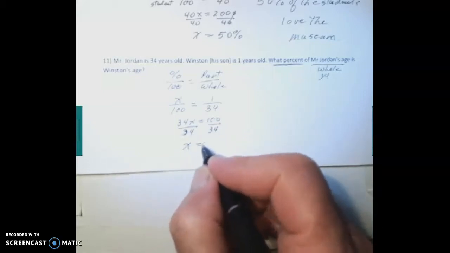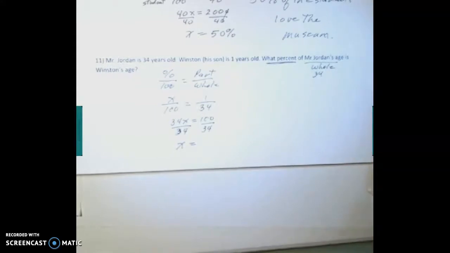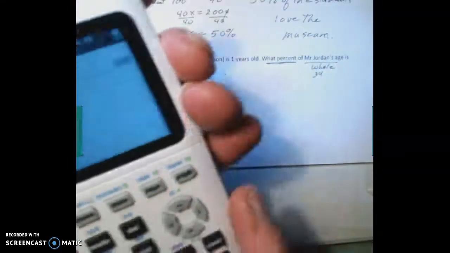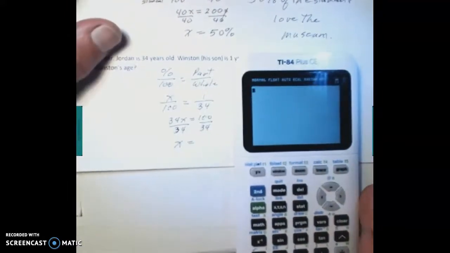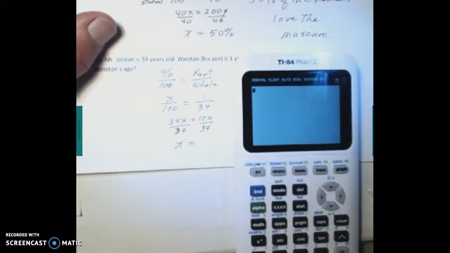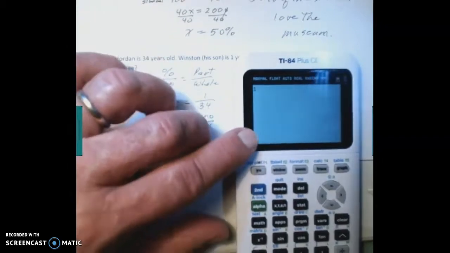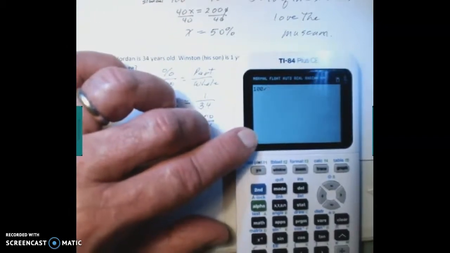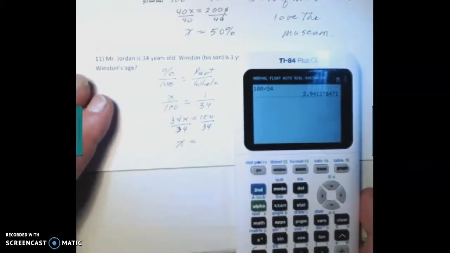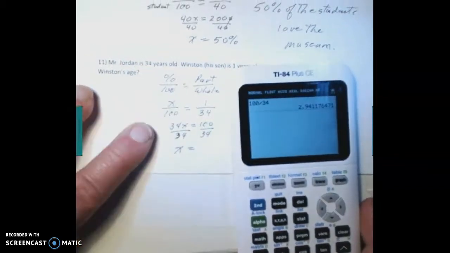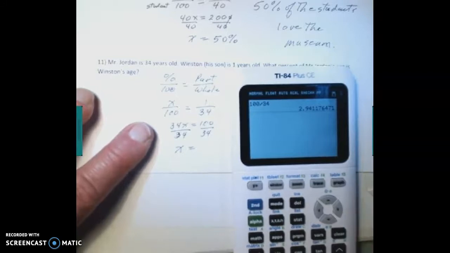You're going to get x equals, and I'm definitely going to go to the calculator for this one. It's going to be 100 divided by 34 gives you, yes, this very long decimal, 2.941.